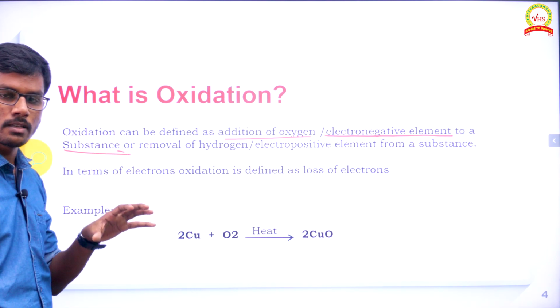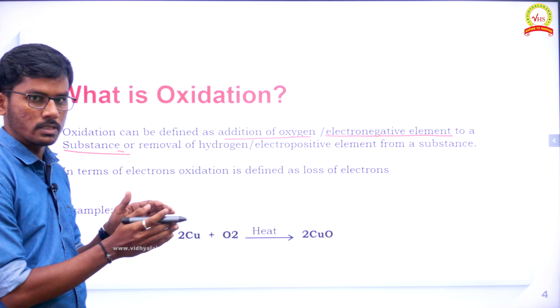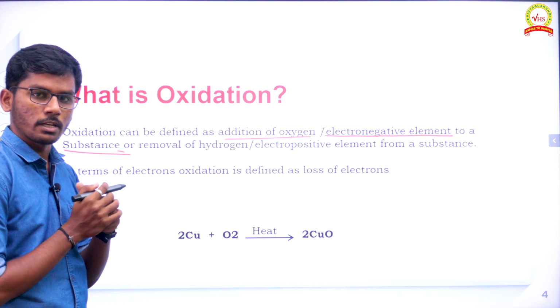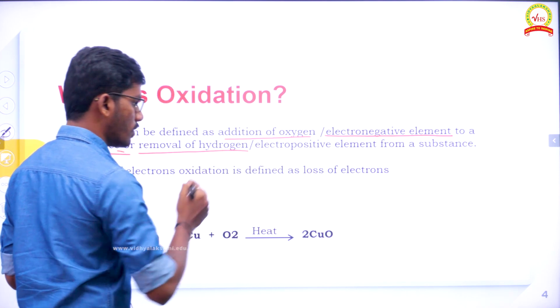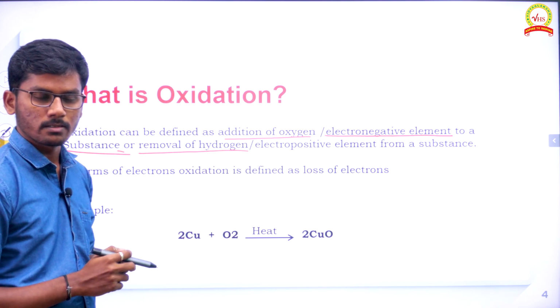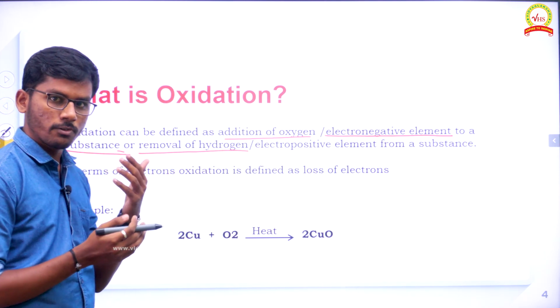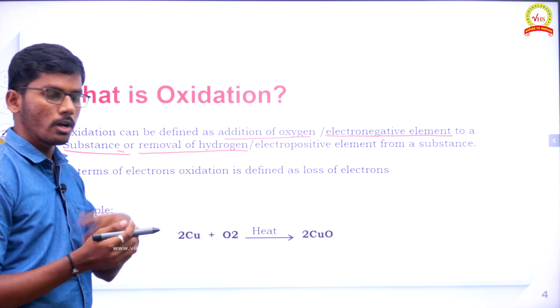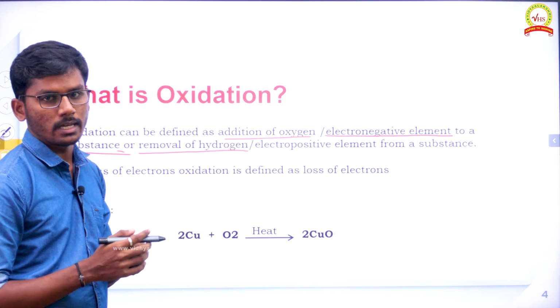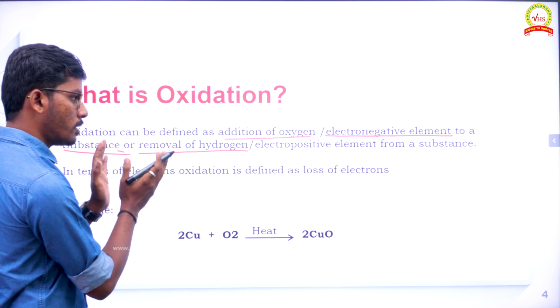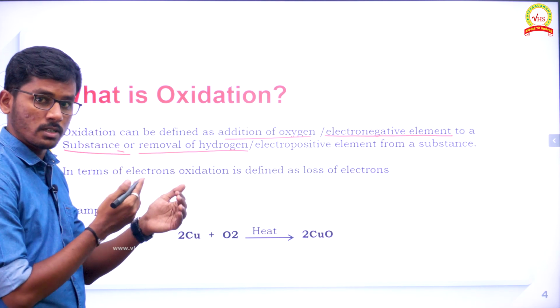There is one more way we can define oxidation reaction: removal of hydrogen. Is that clear? So either addition of oxygen or removal of hydrogen, then we can call that reaction an oxidation reaction.